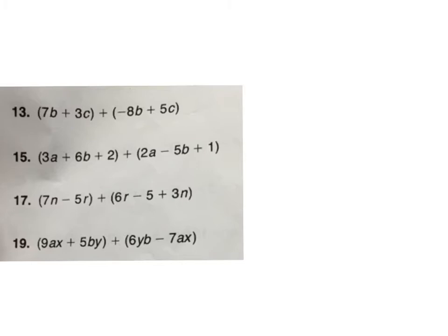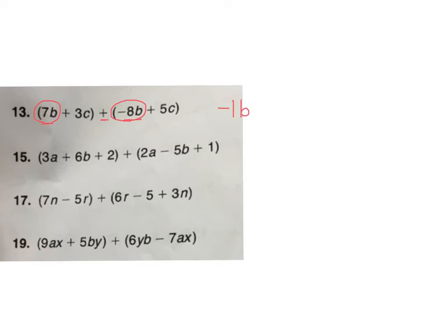I got to figure out which ones are like terms and put them together. Okay? So here's what I'm going to do. I'm going to look at number 13 and I say, okay, what other terms here have a b? Negative 8b. So I can do 7b plus negative 8b, and what would I get? Negative 1b. Good. Negative 1b.